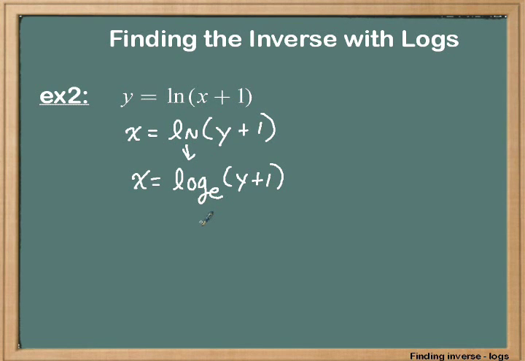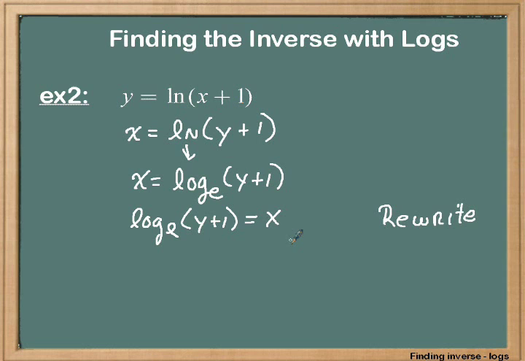And now, just like we did in our last example, you're going to do a rewrite. And let me just make this a little bit easier for you to see. I'm just going to put everything on one side and the x on the other. And now hopefully you can see how this rewrite looks.